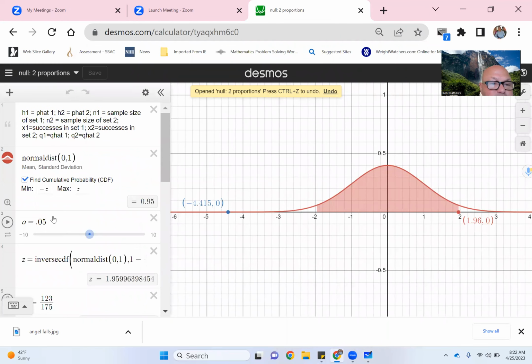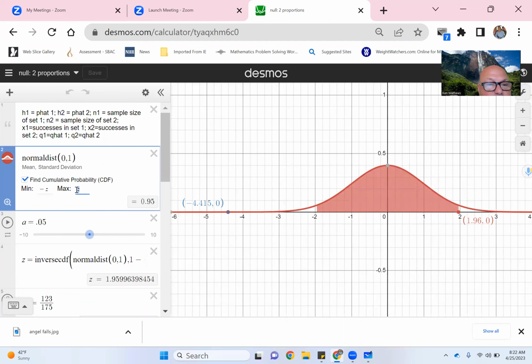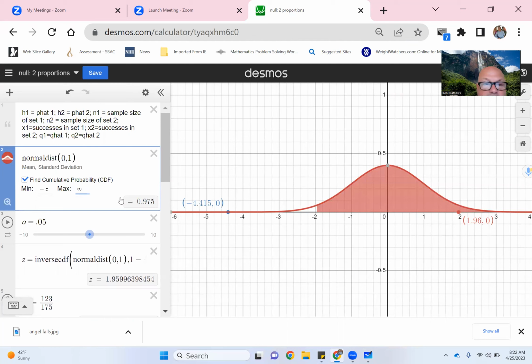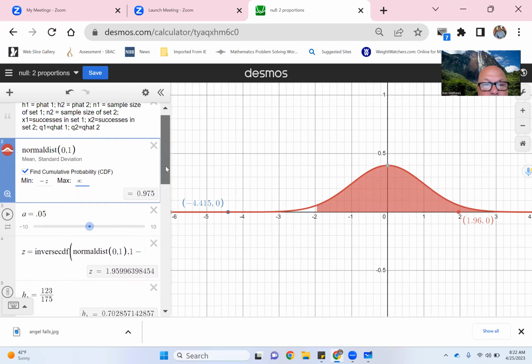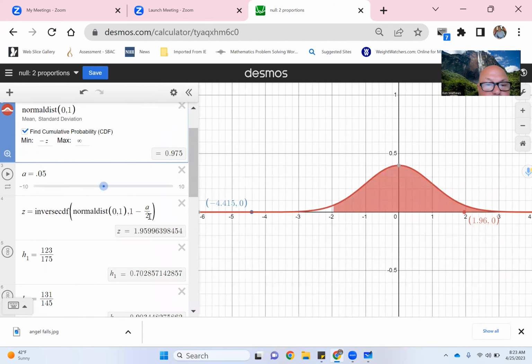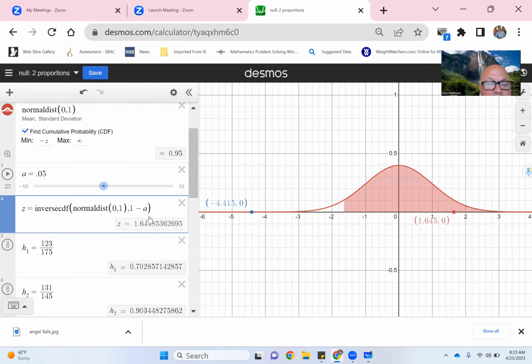It's a normal distribution with significance level, but we want the minimum to be negative z, but there's no right tail, so we'll type in infinity. All right, now our area is screwed up. We want 0.95. So what we do is we just take away the divided by 2. We divide by 2 when it's a 2-tailed test.